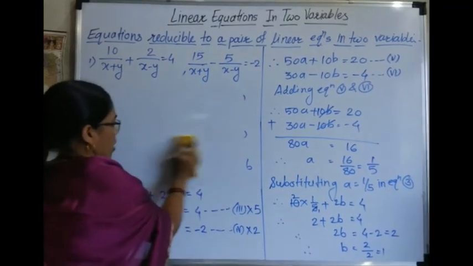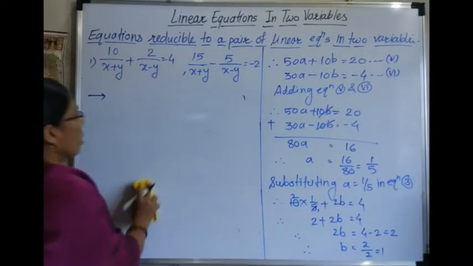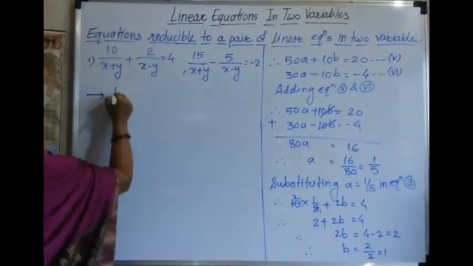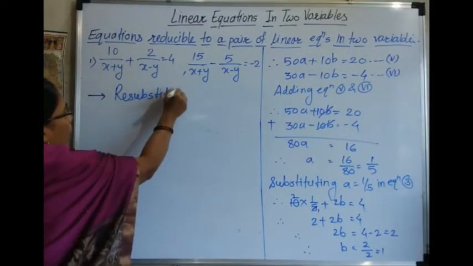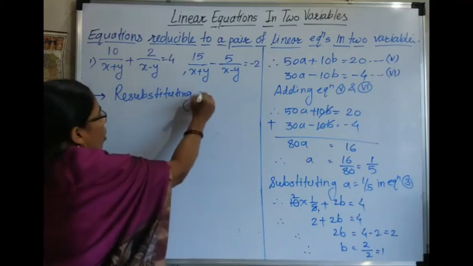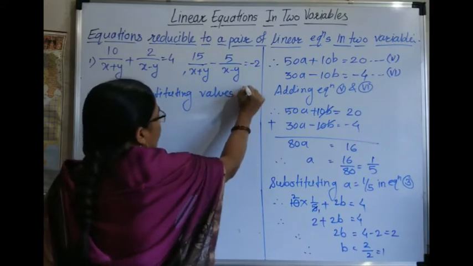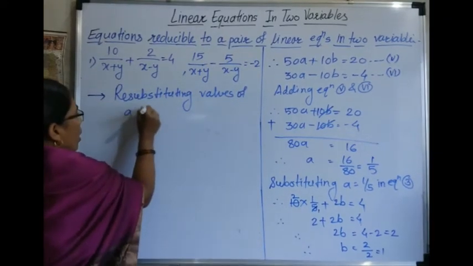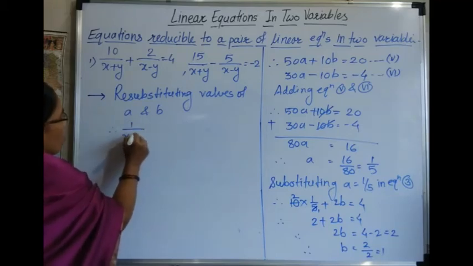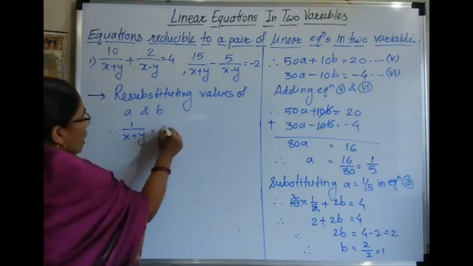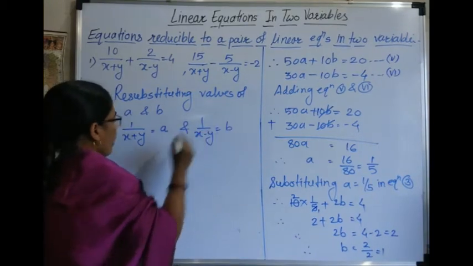Resubstituting values of a and b, we can get now here 1 upon x plus y is equal to, we consider a, and 1 upon x minus y is equal to b.